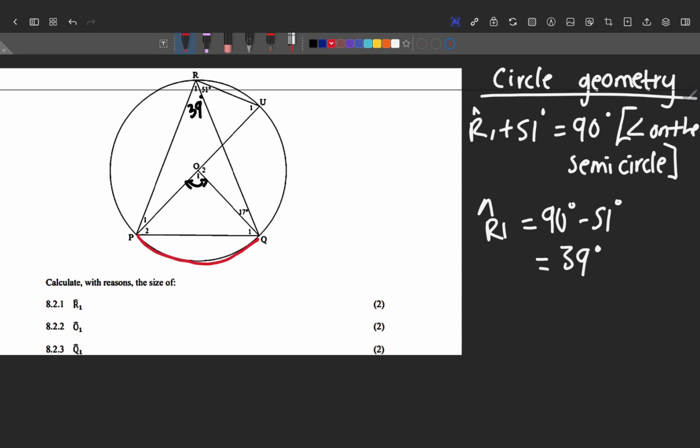Looking at the angles it forms, it forms this angle at the center and also this angle at the circumference. This is where the theorem that the angle at the center is twice the angle at the circumference comes in. We are asked to determine angle O1.